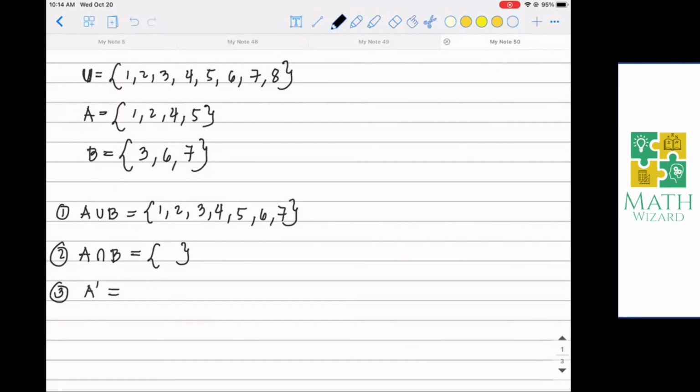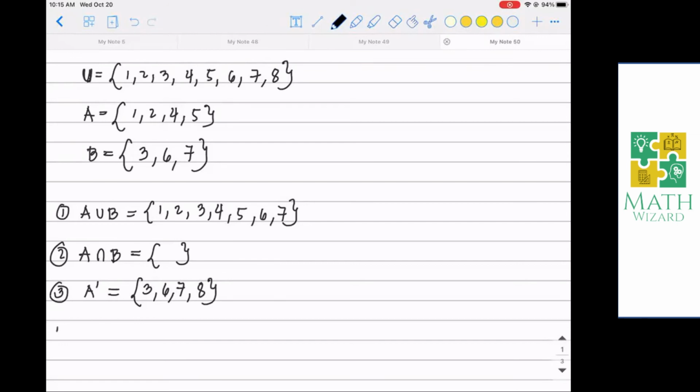Ano yung A complement? So ang gagawin natin for A complement, i-remove lang natin lahat ng letter A from the universal set. So therefore, ang ating A complement is we have the 3, ano pa yung sagot niya? The 6, the 7, and the 8. Yan. Again, lagyan nyo ng complement na sign to identify na it's not letter A, but it's A complement.